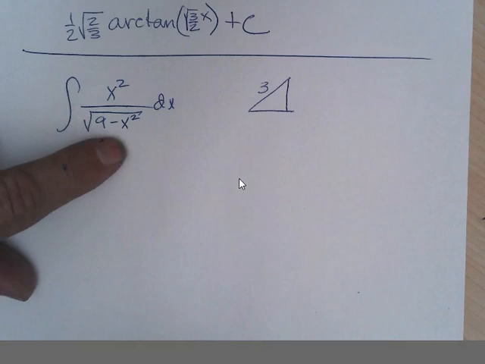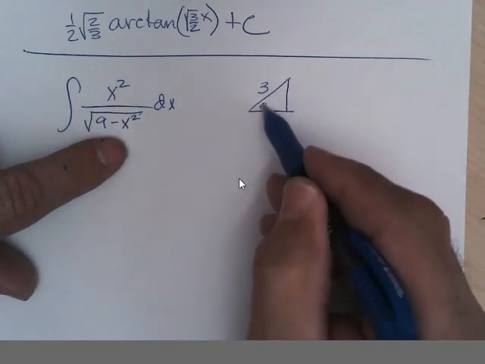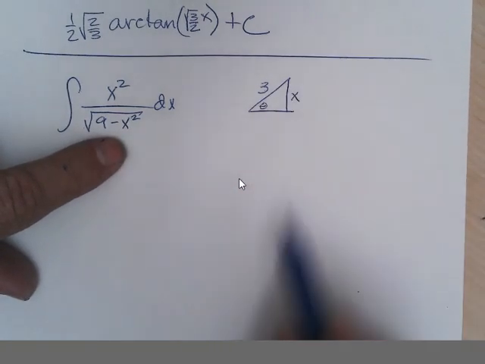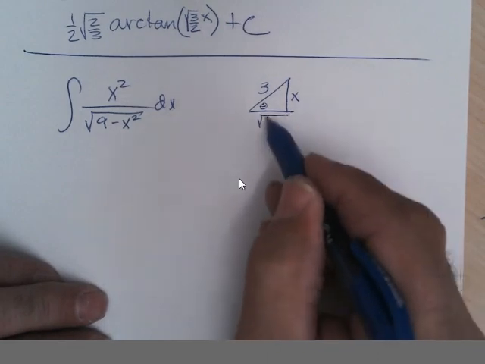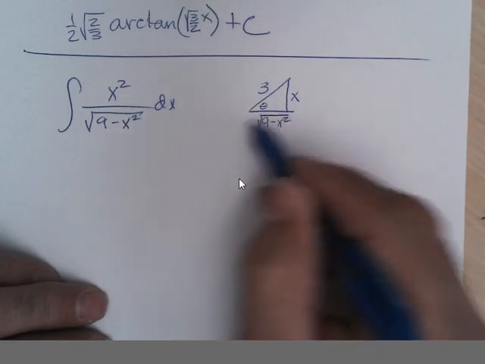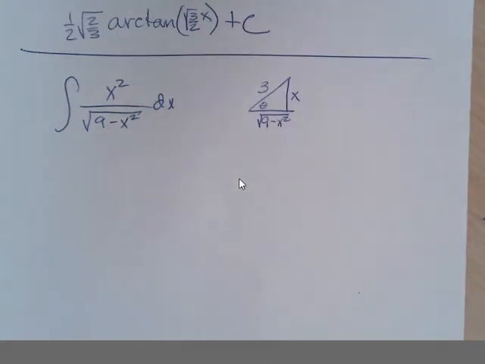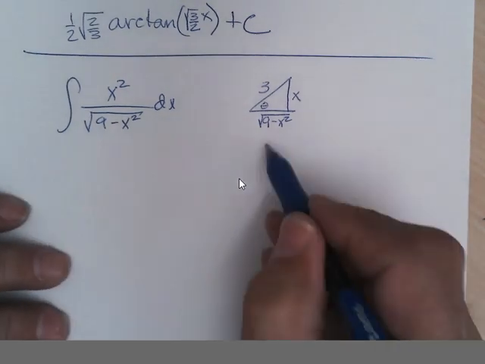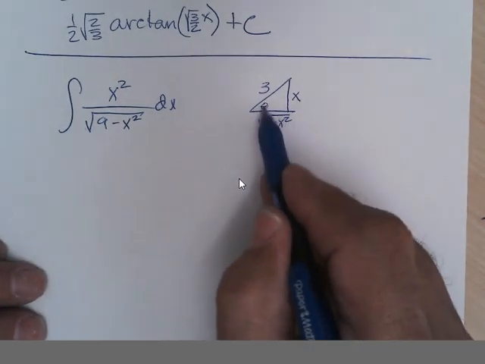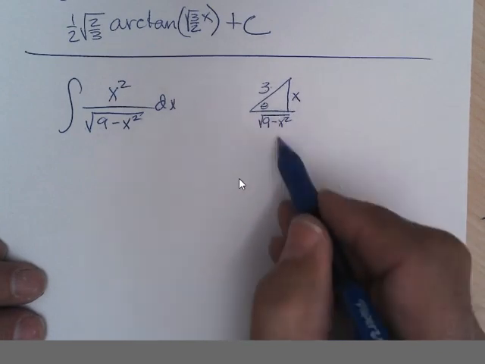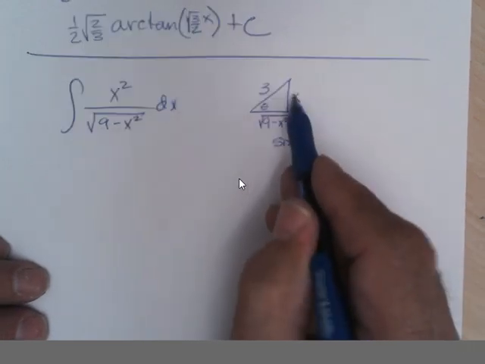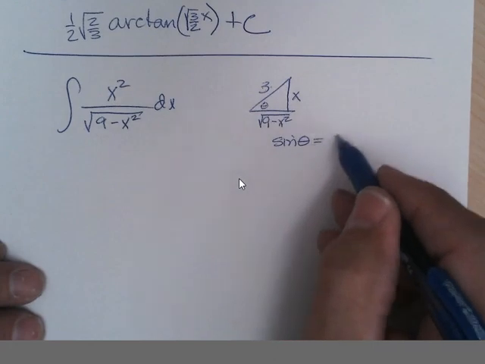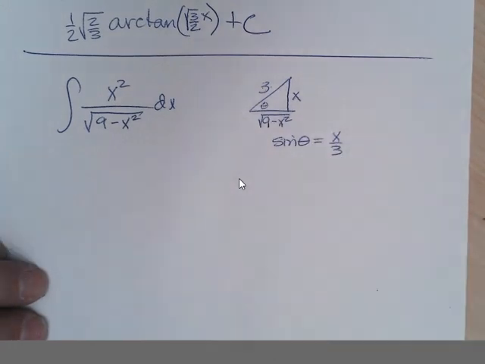I like to put my x's on the opposite side, so I'll put an x over there. So the adjacent leg would be the square root of 9 minus x squared, just using the Pythagorean theorem. So my trig sub says the simplest ratio would be the sine of theta, the opposite over hypotenuse, is going to be x over 3.